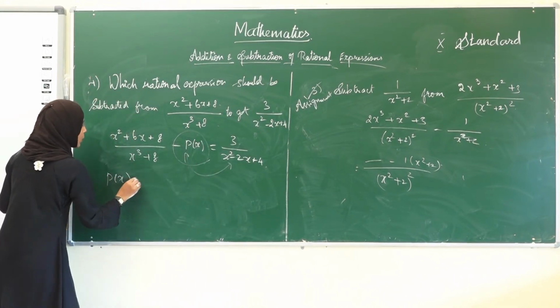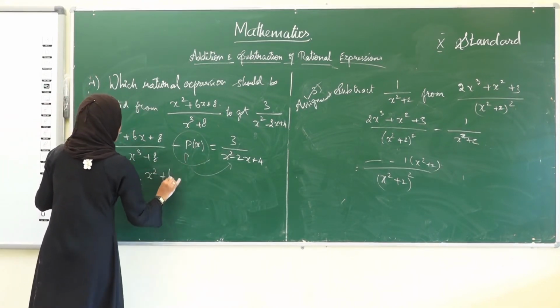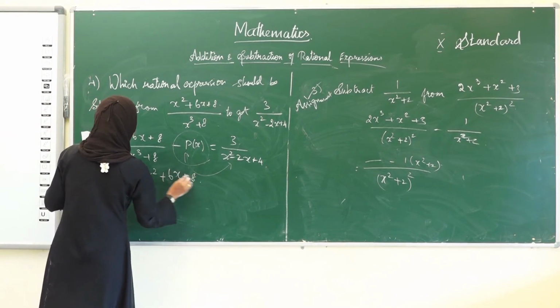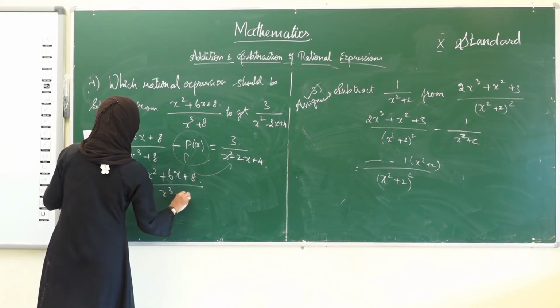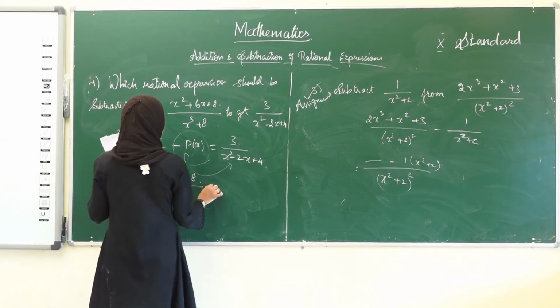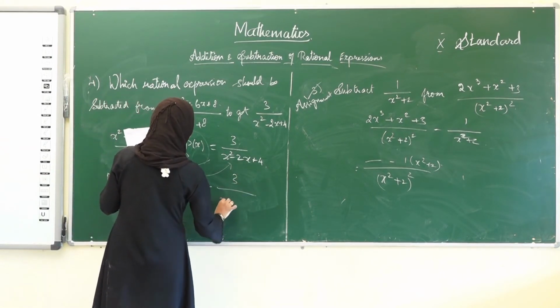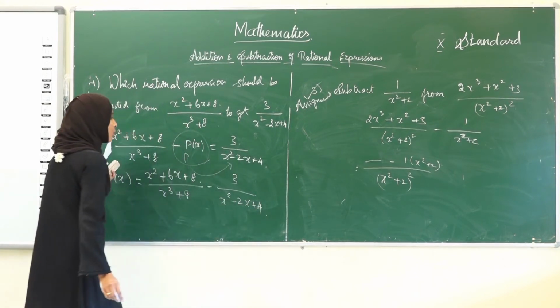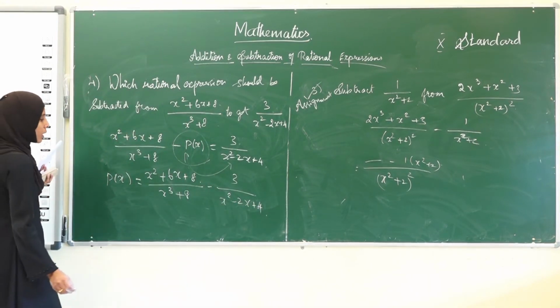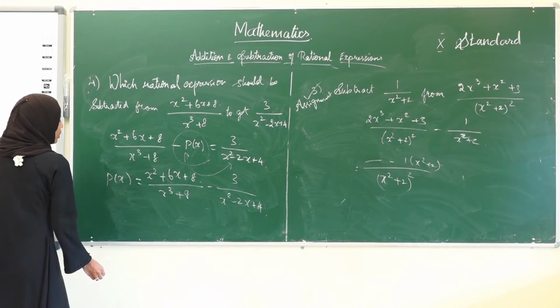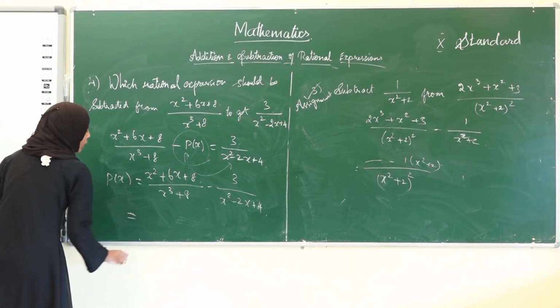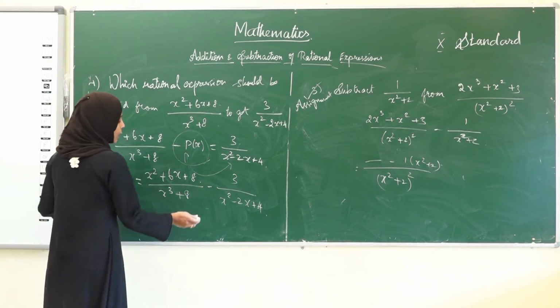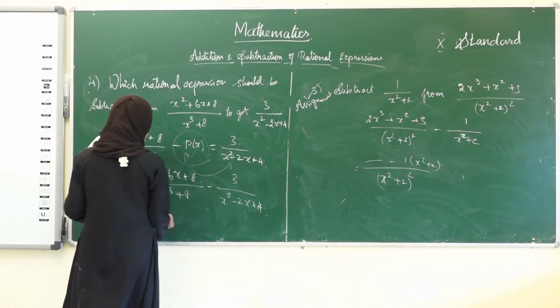P of x is equal to x square plus 6x plus 8 divided by x cube plus 8 minus 3 divided by x square minus 2x plus 4. Now shall we take the LCM, because the denominators are not same.